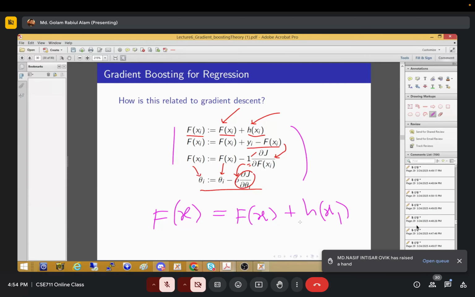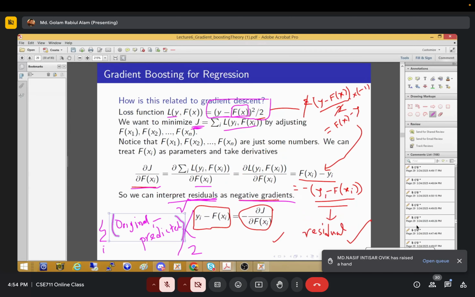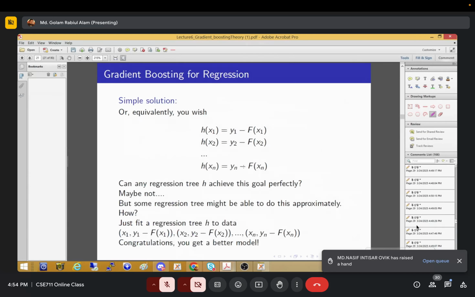That means the updated value will be the previous value plus the prediction from the new model h of x. Previously we have seen that h of x1 is y1 minus f of x1. That is, h of xi equals yi minus f of xi.